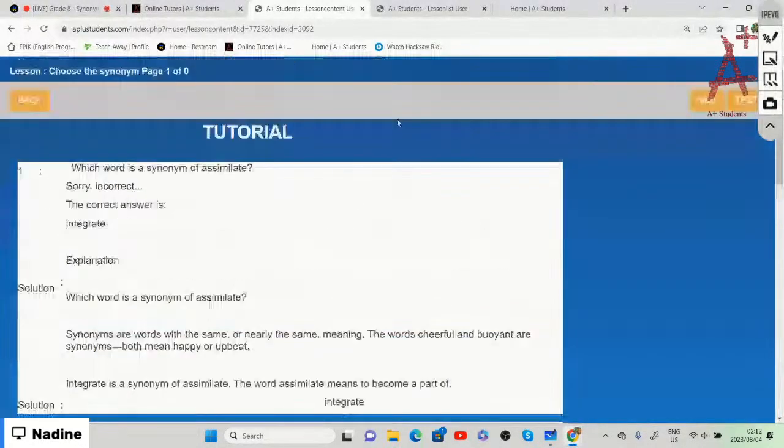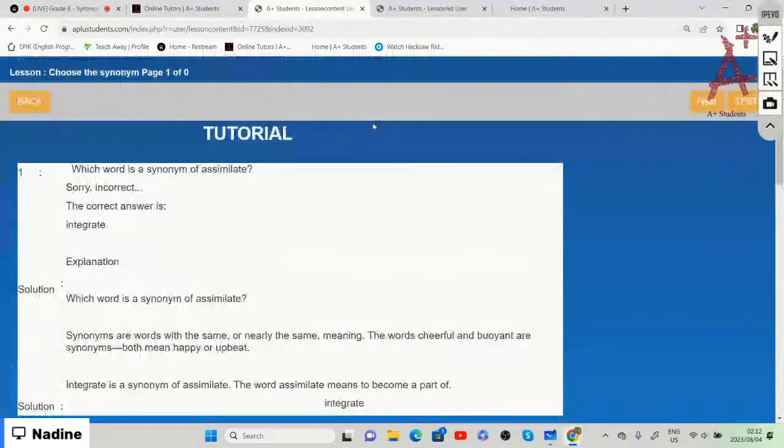All right, so now we're back to our tutorial, and we're now going to do our first question, which says, which word is a synonym of assimilate? The word assimilate means to be part of.